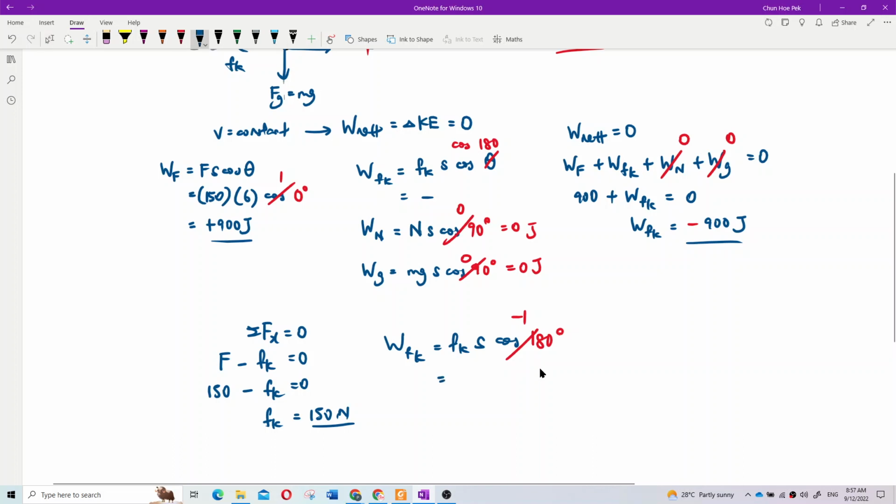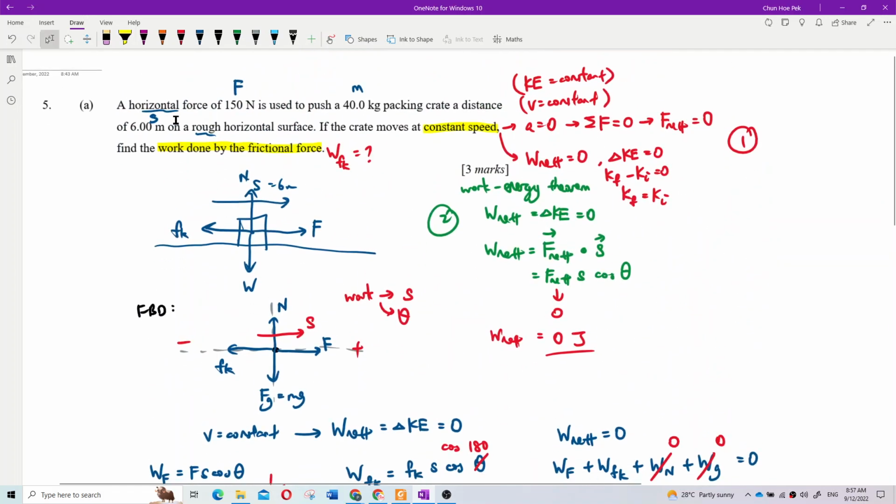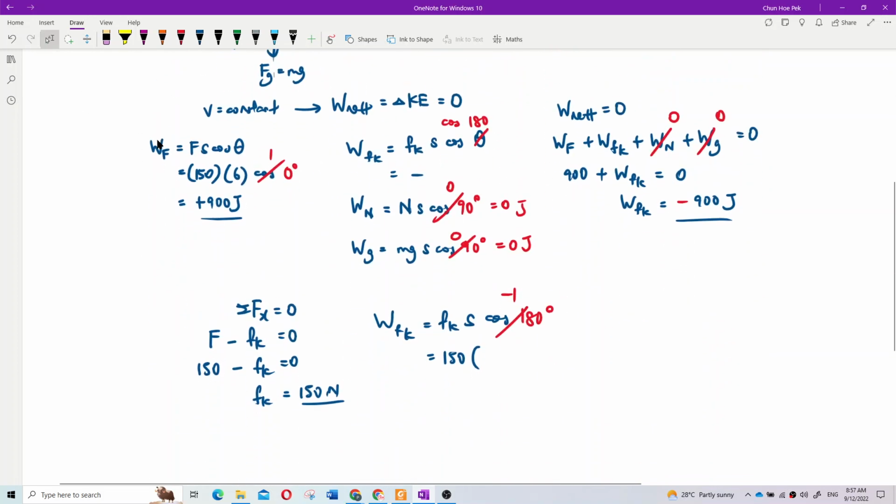Friction just now is 150, multiply S, which is 6 meter, and then negative 1. So you get what answer? Negative 900 joule. You see, it's the same.